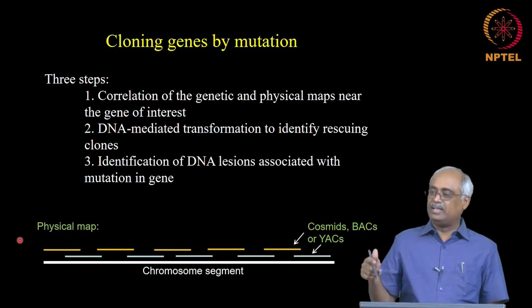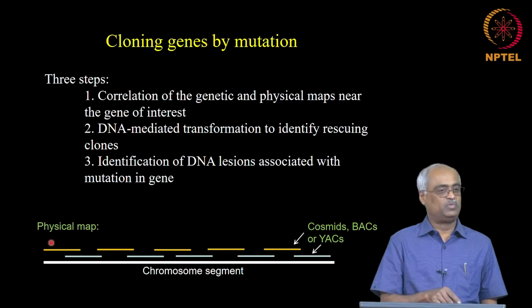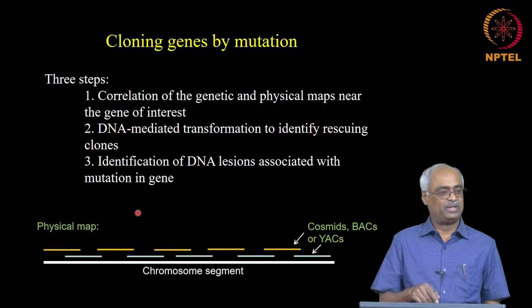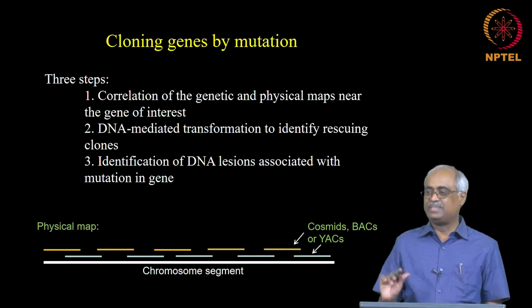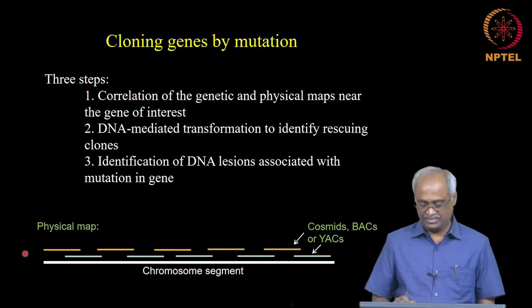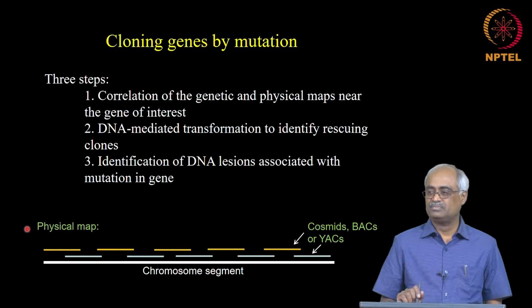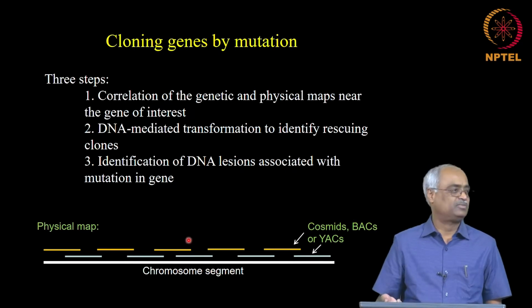And then you make a map. Cosmid 1 is followed by cosmid 2, followed by cosmid 3 and so on, the order of the cosmids, and that is what is a physical map. So, what is shown here is a physical map. Essentially, if you determine the sequence, it is actually the DNA sequence.